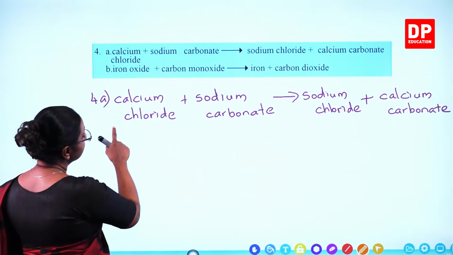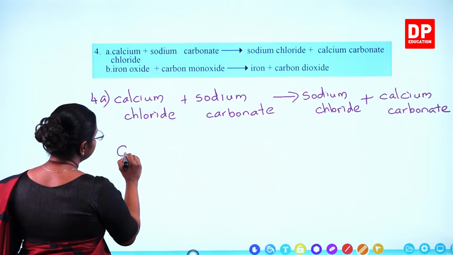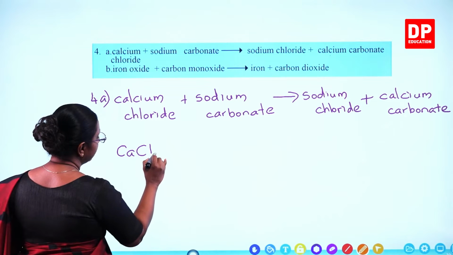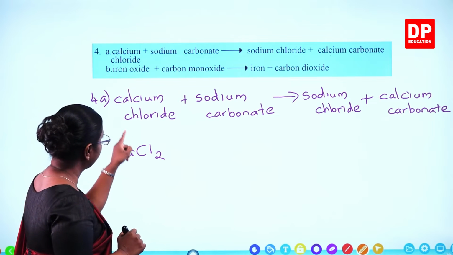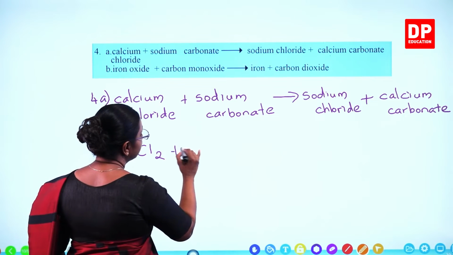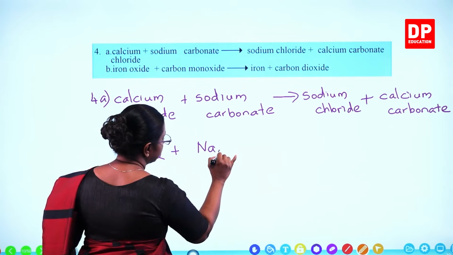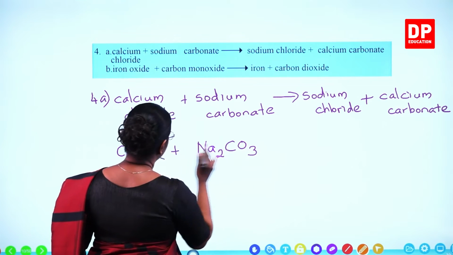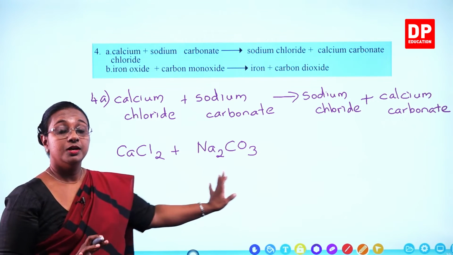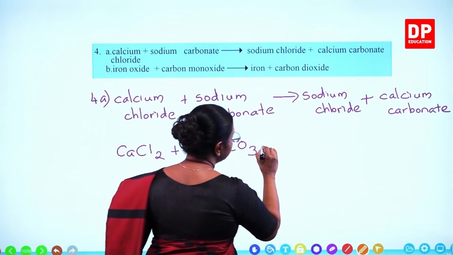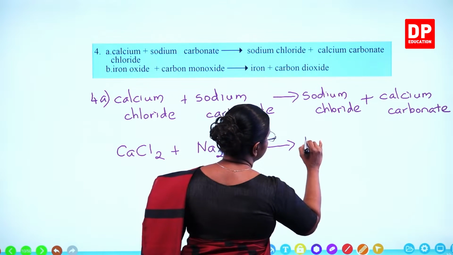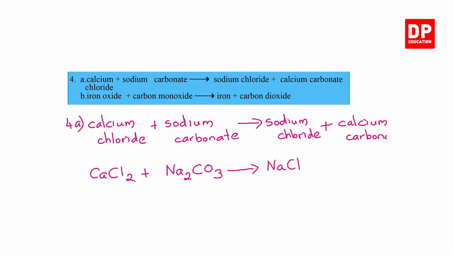Now to write the balanced equation. Calcium chloride, CaCl2 by the valency. Then sodium carbonate, Na2CO3. Now I am sure you all know the correct chemical formulae for these compounds. So then you get sodium chloride NaCl plus calcium carbonate.